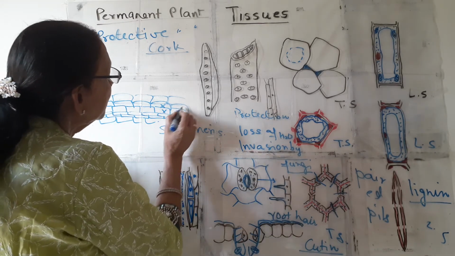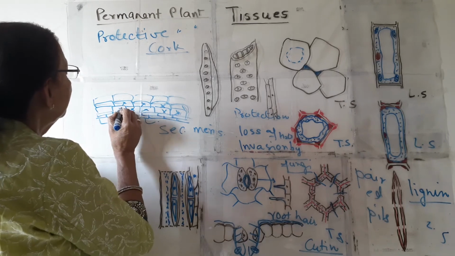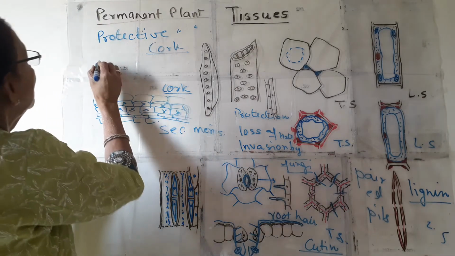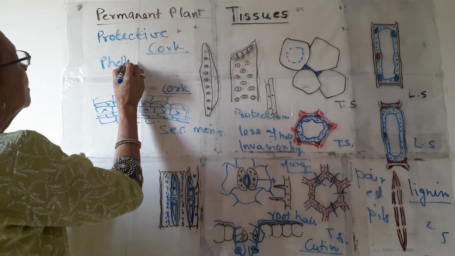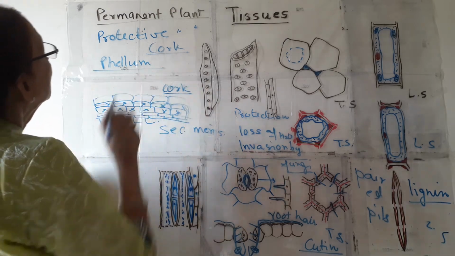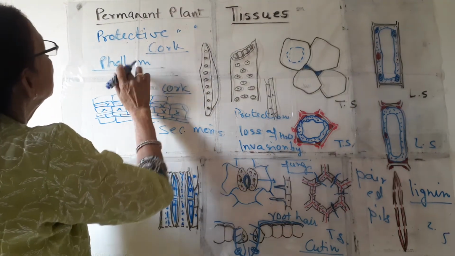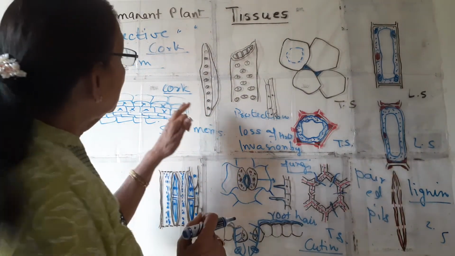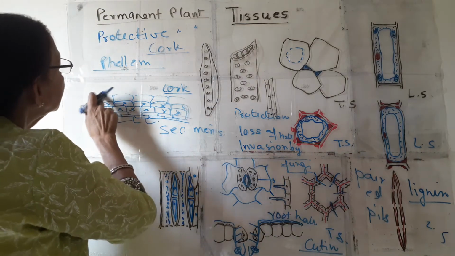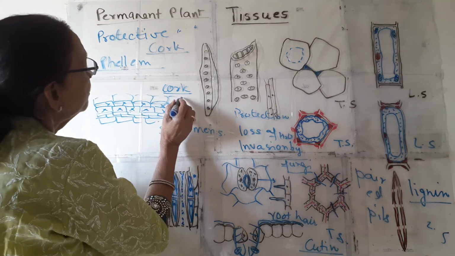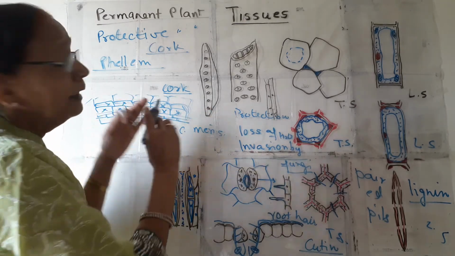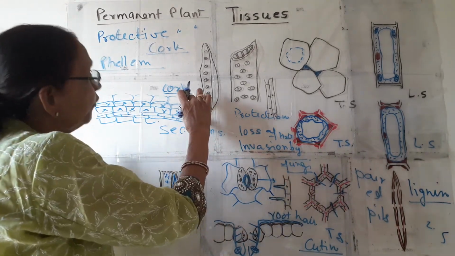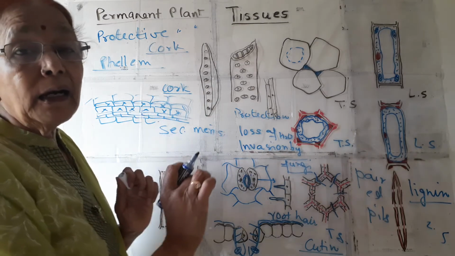These cells which are cut by secondary meristem are the cork cells, or it is also known as phellem. What happens when a few rows of cork are developed? Then this epidermis withers off, the cells burst open and disintegrate, and these few layers of cork cells are formed.